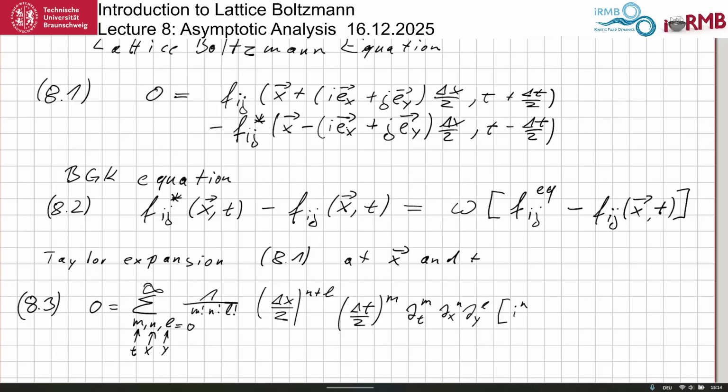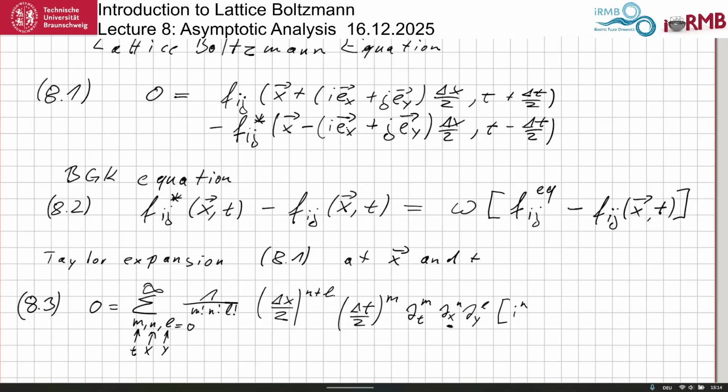So basically we have here delta x times i, and unit length goes together. So the direction goes into the derivative, because it's the directional derivative.